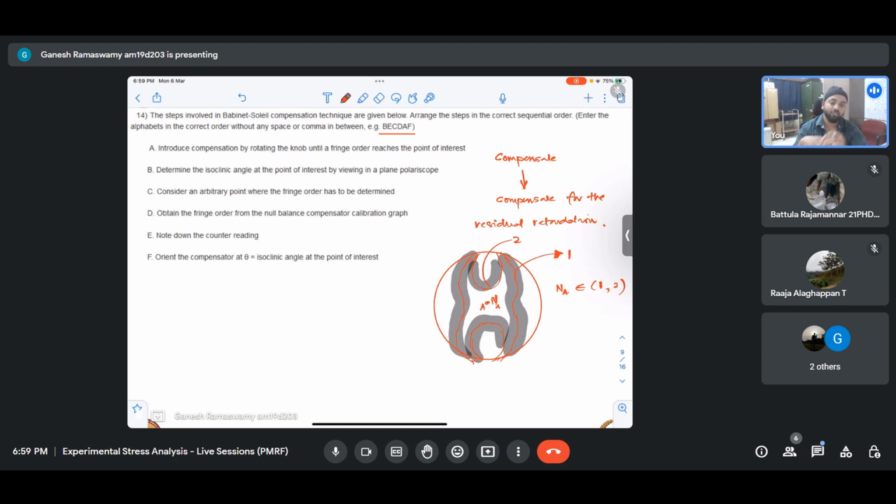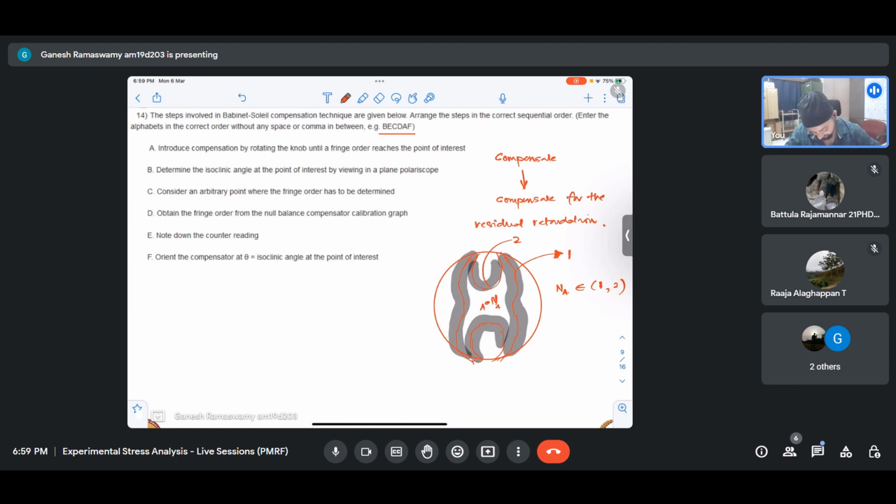We will be seeing it will be a little different for Babinet-Soleil compensation as against Tardy's method of compensation. But the idea remains the same: since our mathematical analysis is based on a known theta p, the entire thing is presumed to be arranged at theta p. At that point, we should first arrive at theta p, arrange everything there, and then go for it. Okay, so let us read the options now.